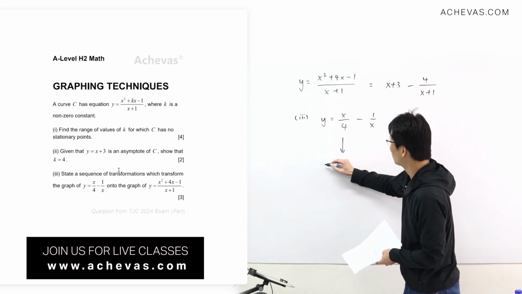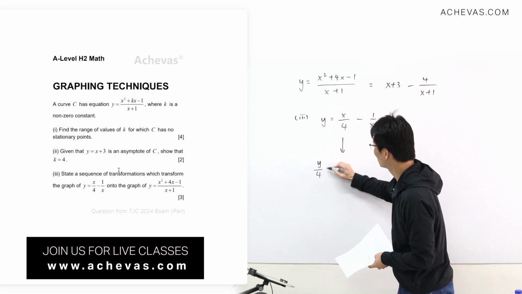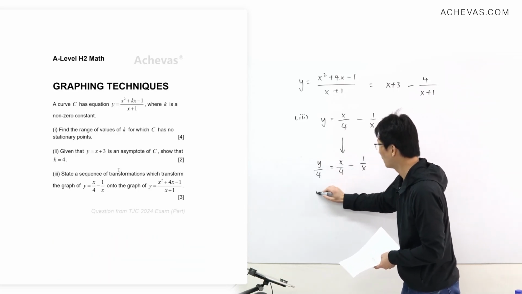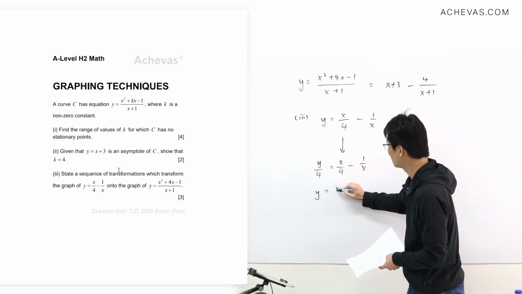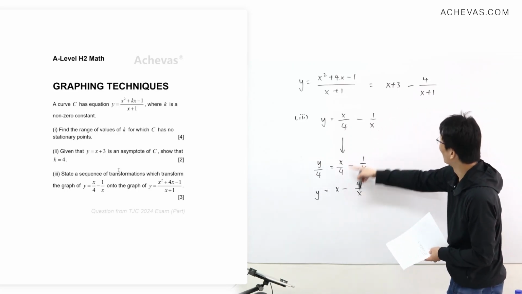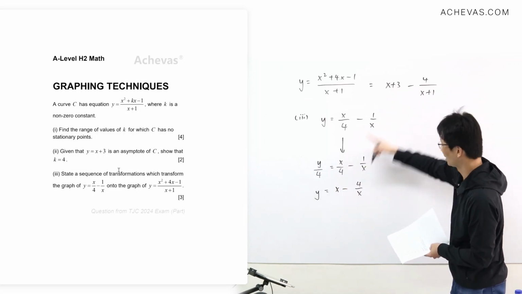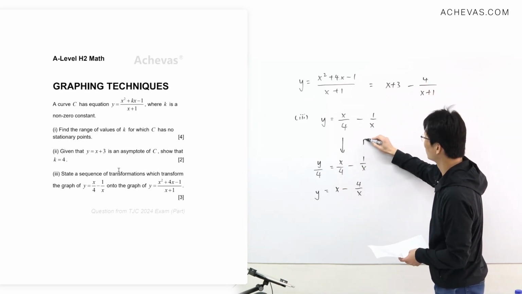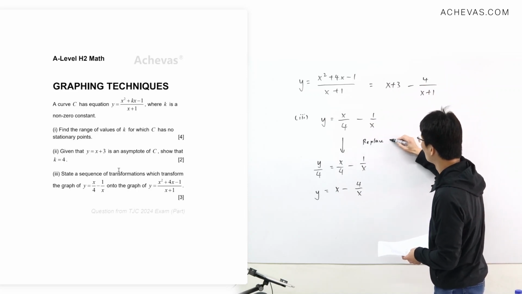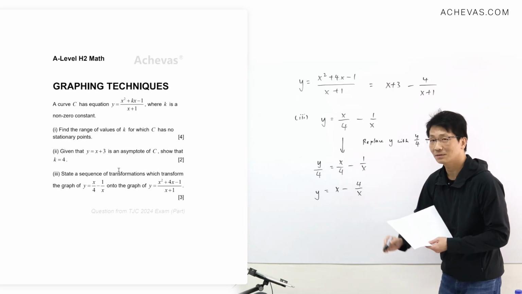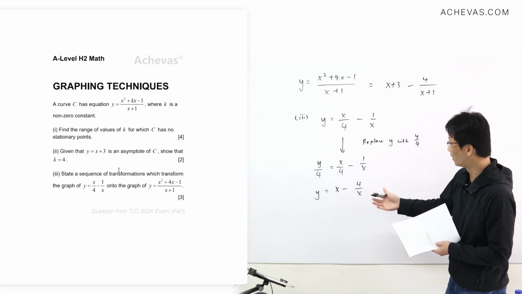Replacing y with y over 4, I'll get this. If I multiply the 4 over to the other side, it will just give me x minus 4 over x, which is pretty good because by comparison, it gets closer already. There's a 4 here, there's a 4 here. So this step is replace y with y over 4. I'll write down the description later on.